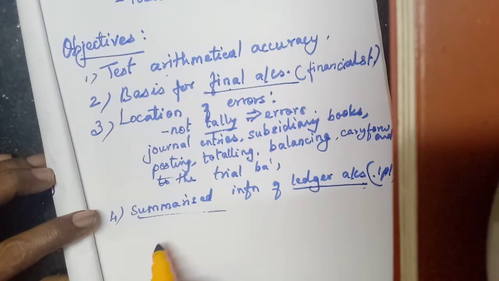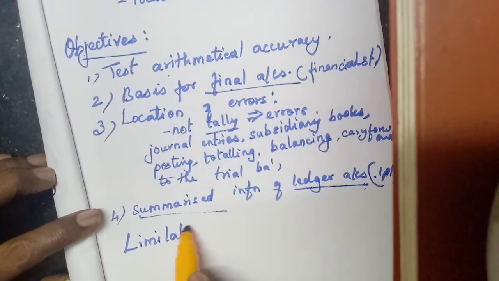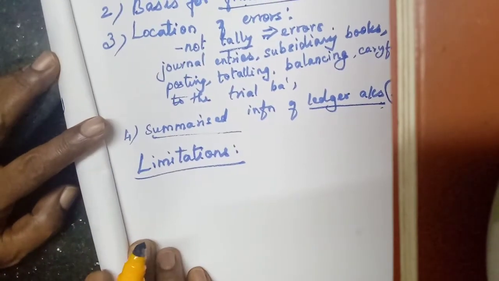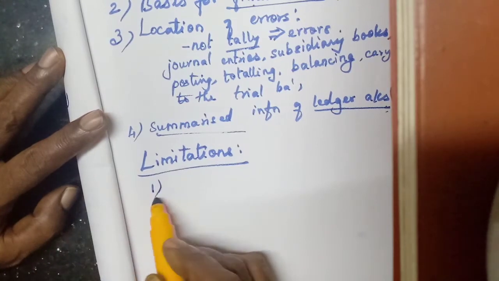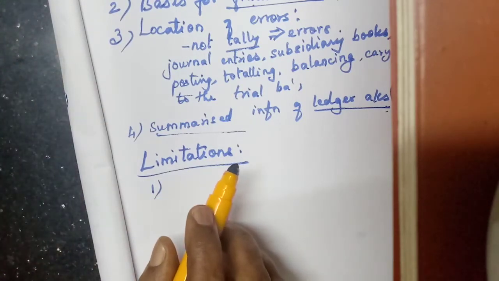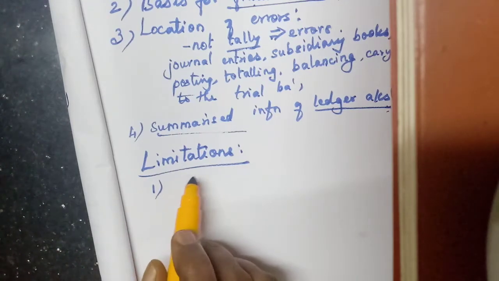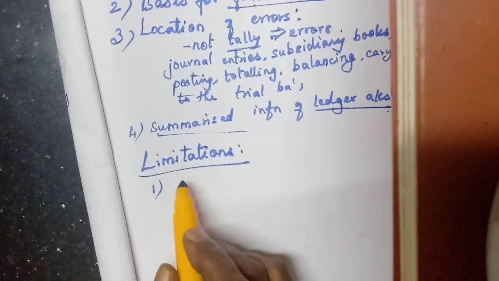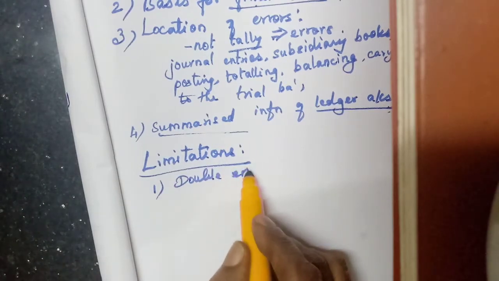Now the limitations. Some drawbacks are also there in the trial balance. What are those limitations? Here, we can prepare the trial balance only if the organization is following the double entry system of bookkeeping.